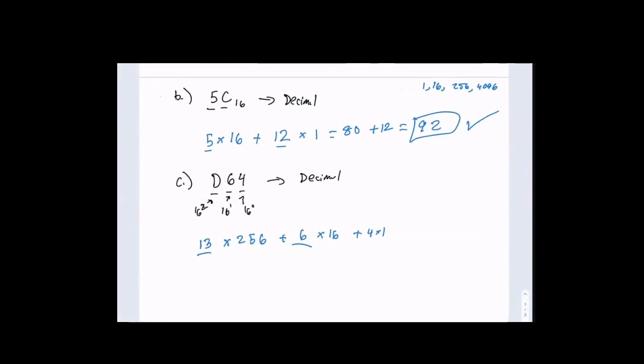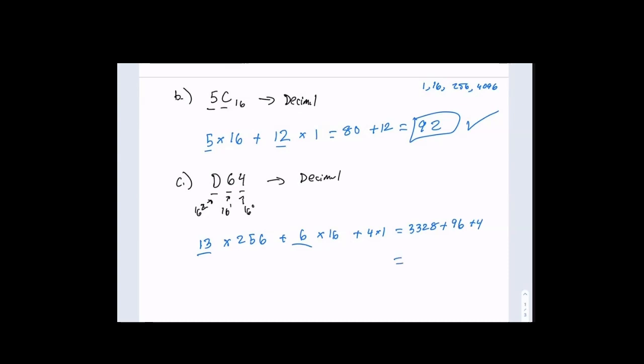All right. And so, ooh, we got to go with calculator. What's 13 times 256? You got to break out the calculator for that. 3,328. Plus 6 times 16, I got 96. Plus 4.